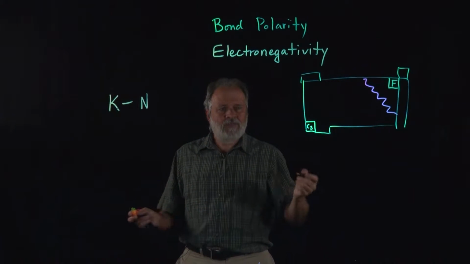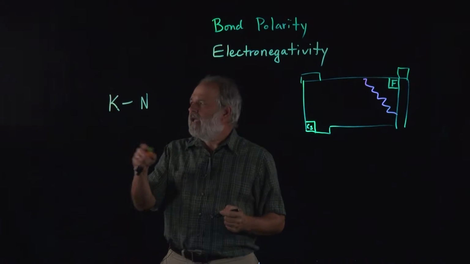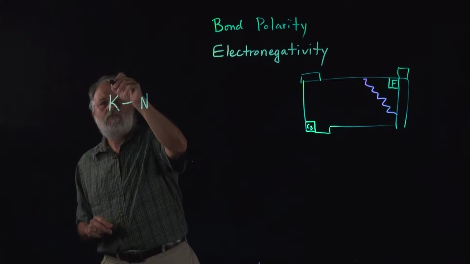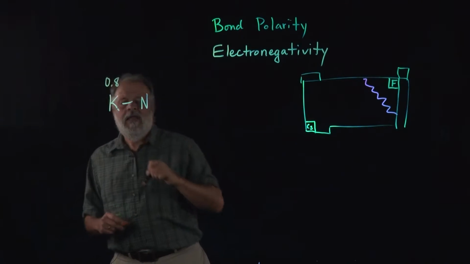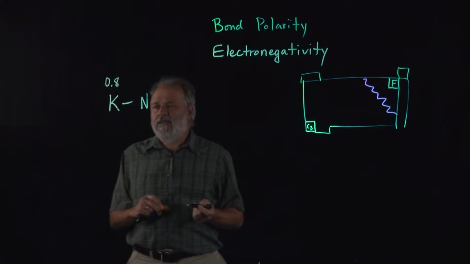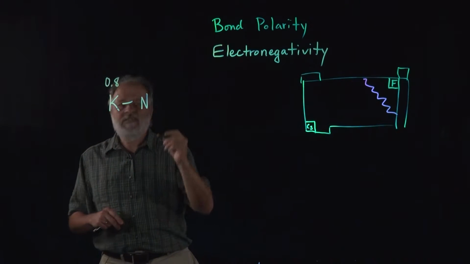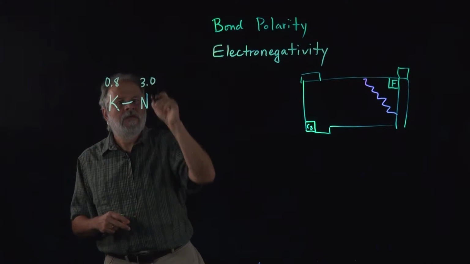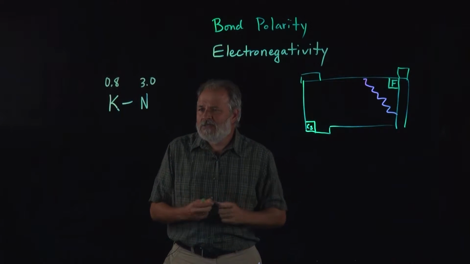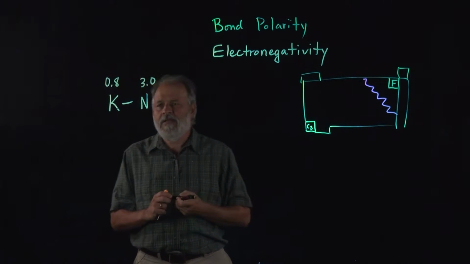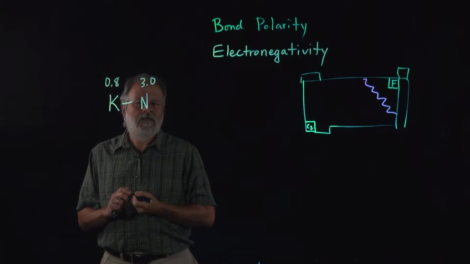Okay, so we look up potassium's number in this table, and it is 0.8. And then we look up nitrogen's number in this electronegativity table, and we see it's 3.0. Okay, so nitrogen is very much more electronegative than potassium.